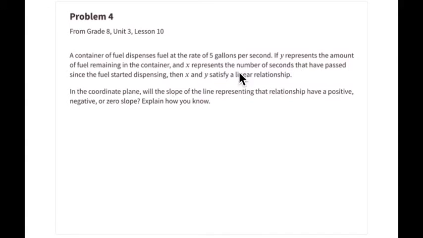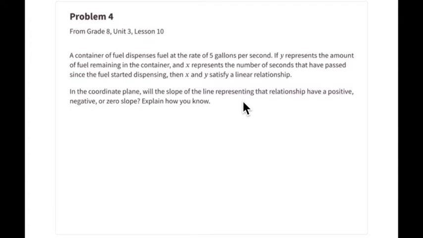So if y represents the amount of fuel remaining in the container, this is similar to other problems we've looked at. The comic book problem, $20, y was how many dollars were remaining after purchasing comic books. So the amount of fuel remaining in the container is going down over time. x is the number of seconds that have passed since the fuel started dispensing, and x and y satisfy a linear relationship, so it's on a line.